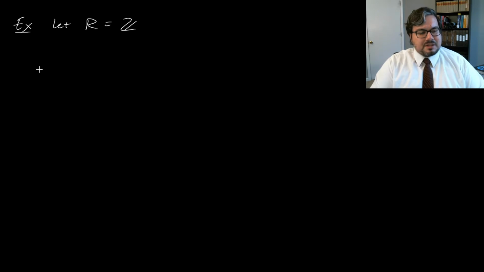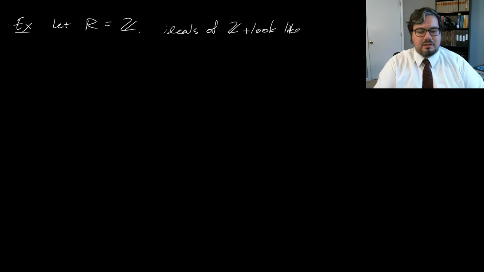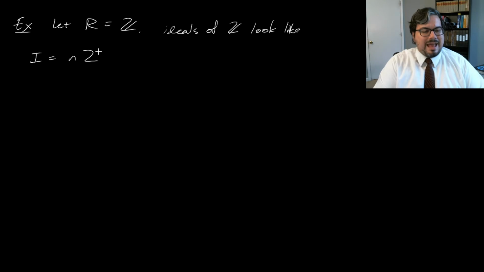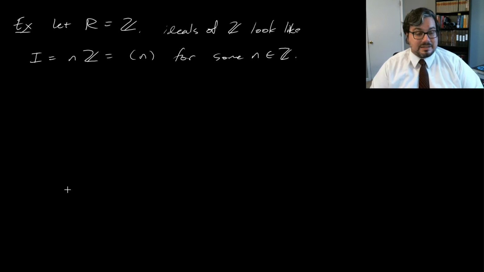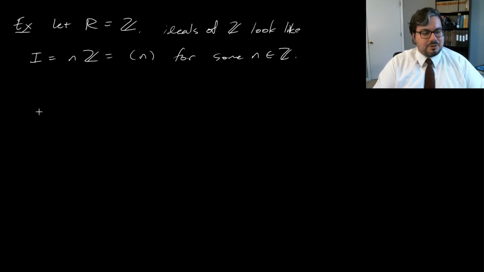And so let's suppose that I start trying to write down an increasing sequence of ideals. Now remember, all of the ideals of Z look like nZ, or the ideal generated by n for some n in Z. So I can look at, for instance, the following chain of ideals.